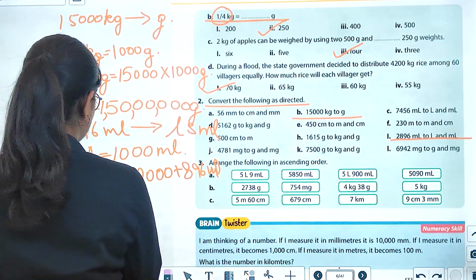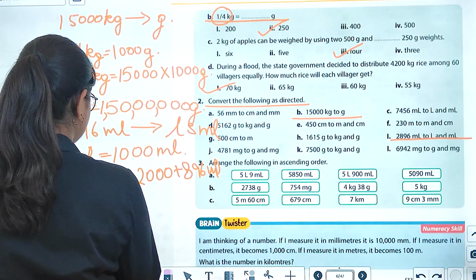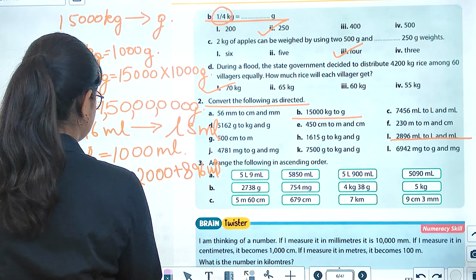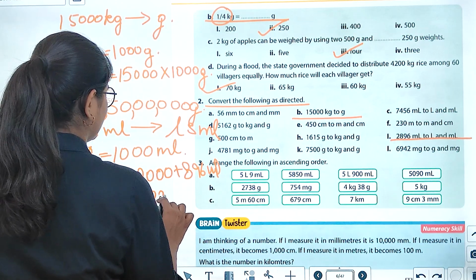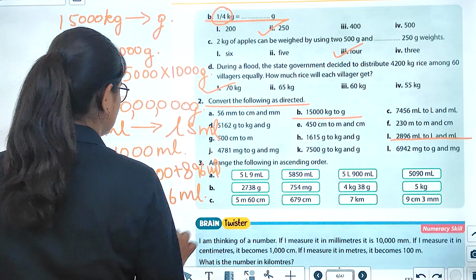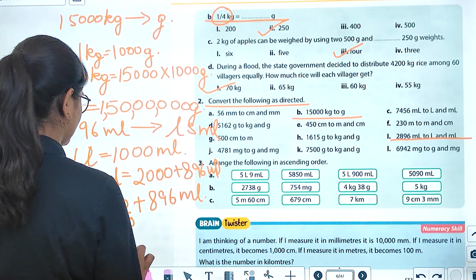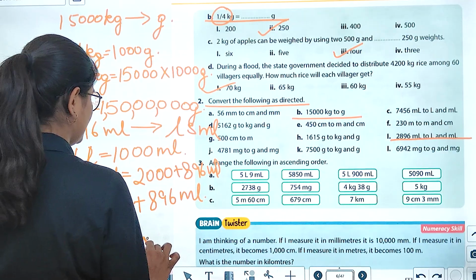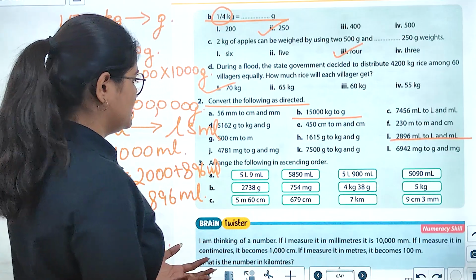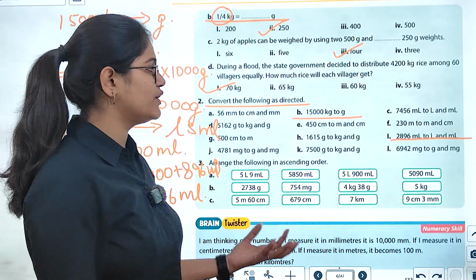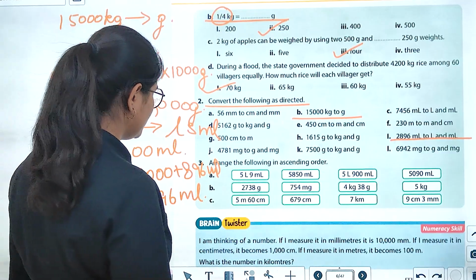Then we divide 2000 by 1000, plus 896 milliliters. So the answer becomes 2 liters 896 milliliters, right? So this is how we are going to convert all these units into the described ones, right?